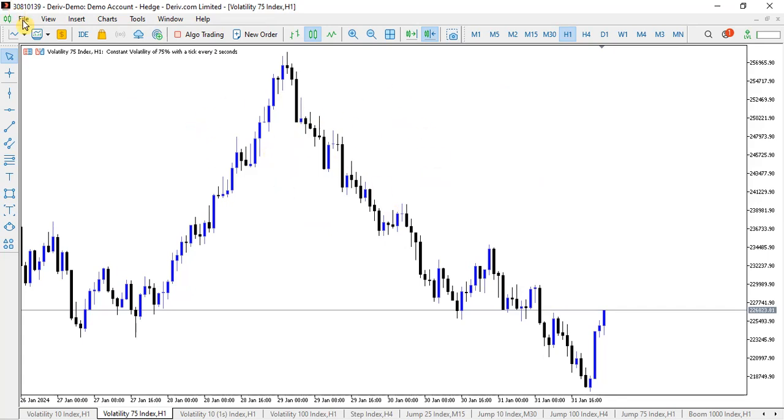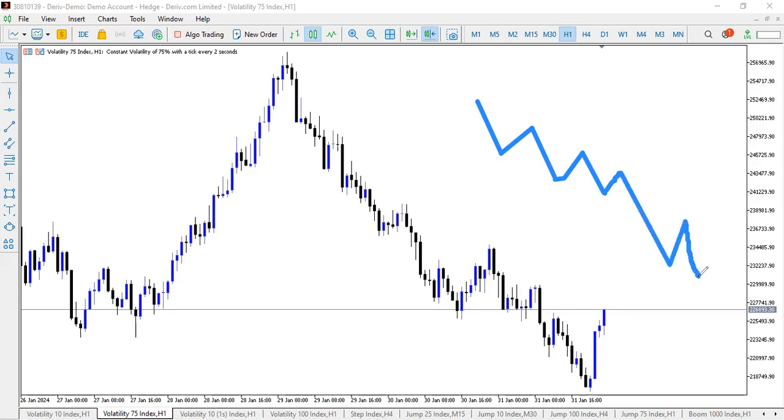So when it comes to VIX 75, you want to see stuff like this, but on a smaller time frame. Why you're looking for stuff like this is to determine the trend of the market.